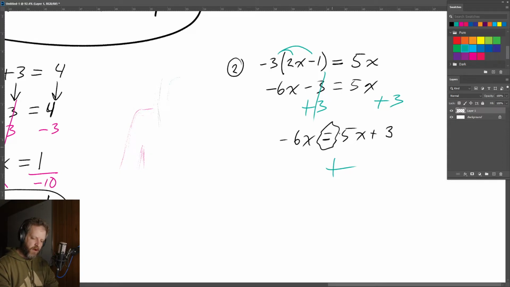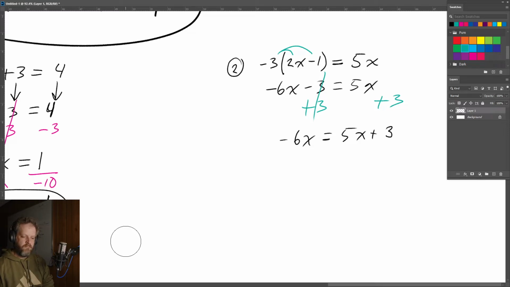We've got to get one of them across the equals. How can we get one of them across the equals? How do we move this guy over there, y'all?